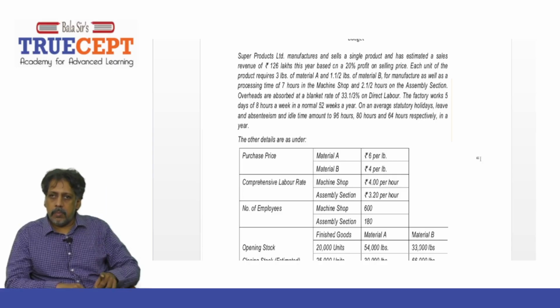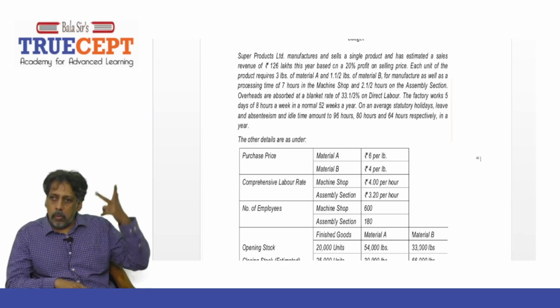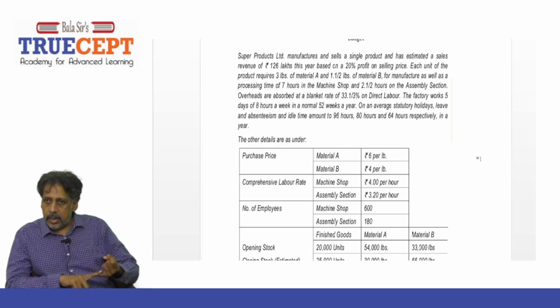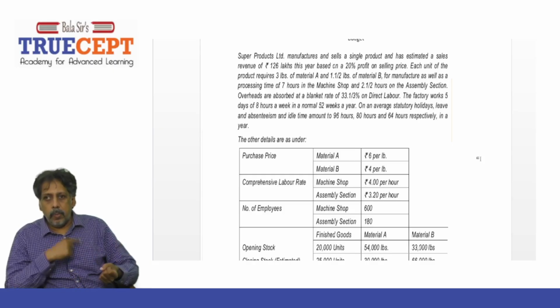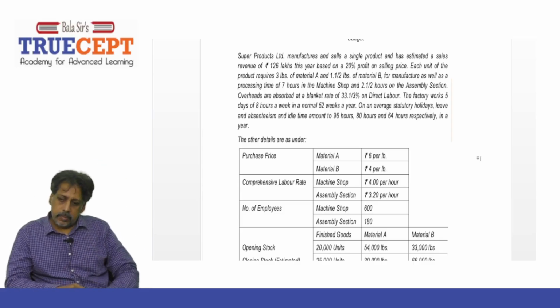Nothing given, normal idle time. For example, lunch break is idle time. Tea break, idle time. Walking from the factory gate to their department is also idle time. All these are normal, which cannot be avoided. And these are the lost hours. Next.